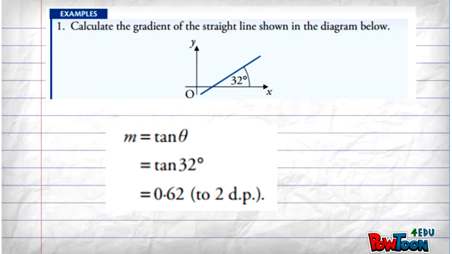So there it is there, it's straightforward. We know this angle that the line makes with the positive x-axis is 32 degrees. So m equals tan theta equals tan 32, which is 0.62. So the gradient of this line is 0.62.